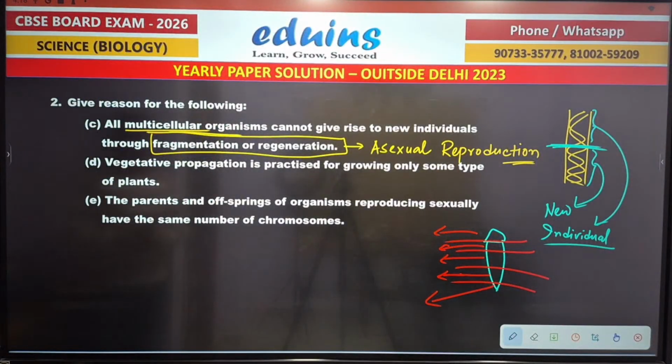Okay, next question. Vegetative propagation is practiced for growing only some types of plants.